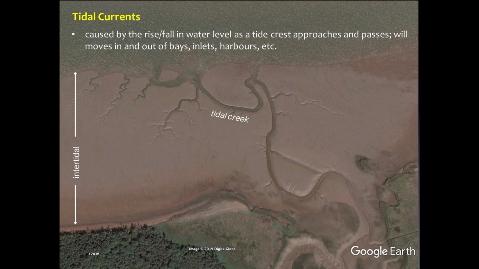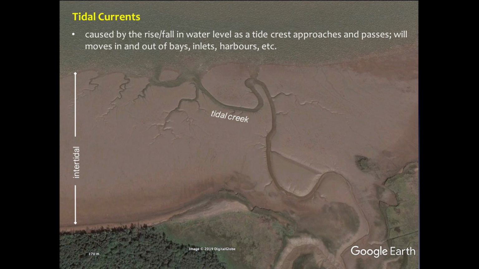This is a channel that's been cut into that soft, muddy sediment. As the tide goes out, water flows out through the tidal creek into the deeper part of the ocean, offshore. Then as the tide comes in, water will flow back in along this tidal creek, eventually flooding the intertidal zone as well.